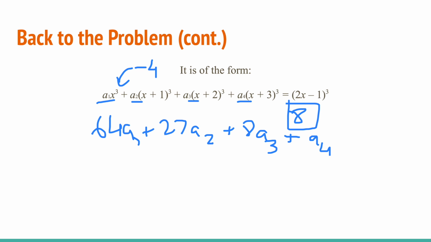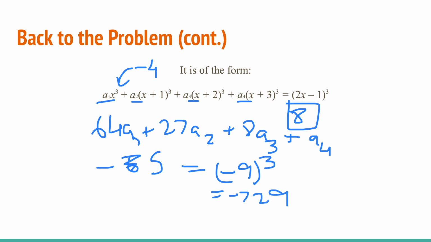We get negative of this whole sum, and that is equal to -9 cubed, or -729. So the sum is just equal to 729, and we have our answer.